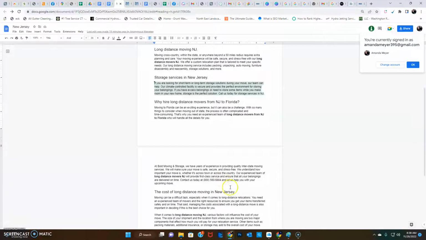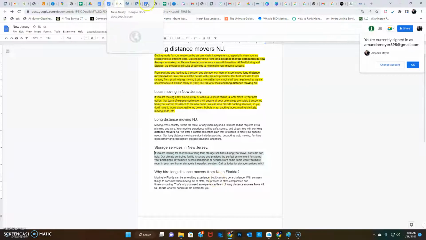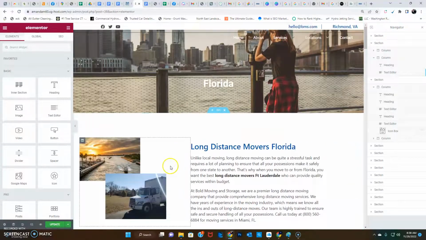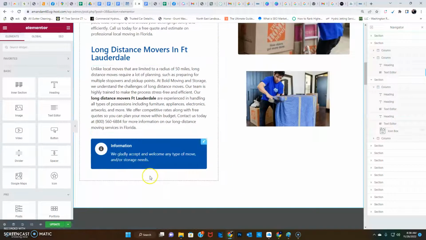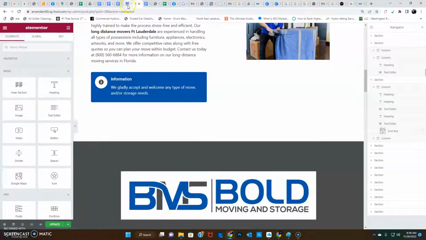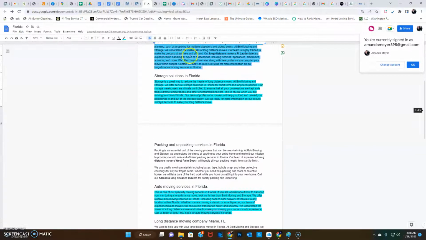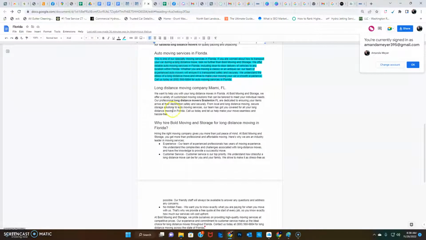And then I would essentially, yeah, this one is a lot smaller, essentially, right? So we've got long distance, local, long. Okay, then we've got storage, packing, auto, long distance.